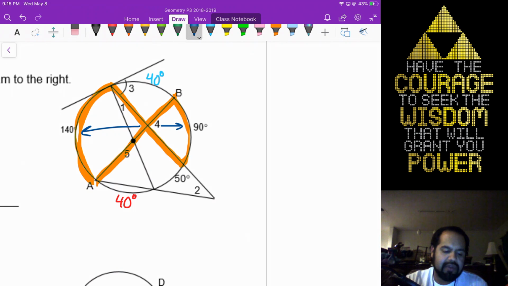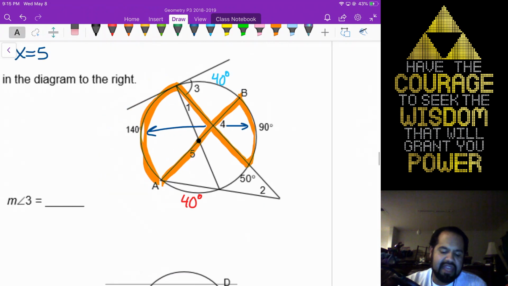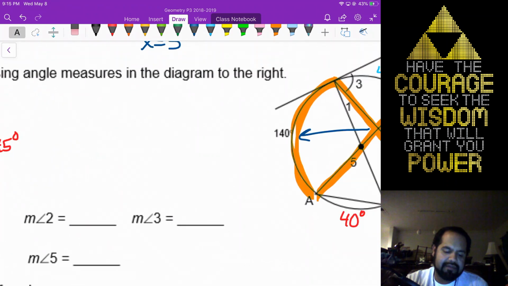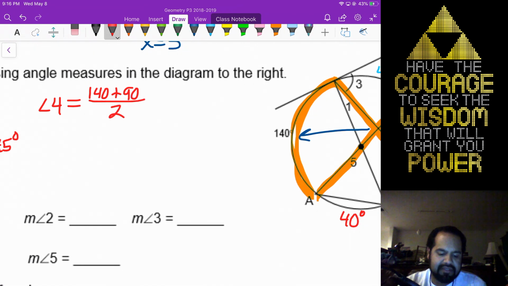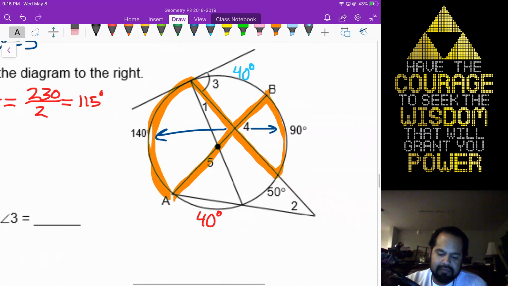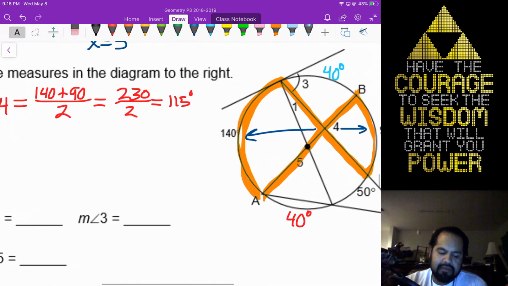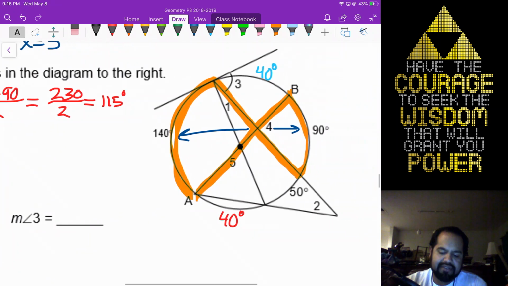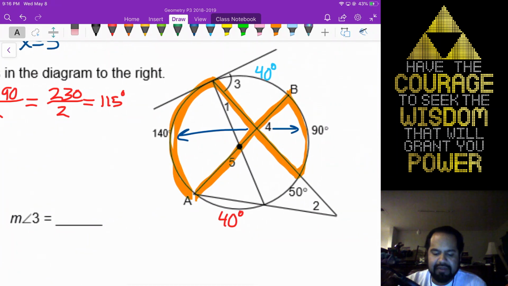So we're going to take 140 plus 90 and divide it by 2. So 115 degrees. Why does that seem right? That is right. Okay, yeah, we're good.